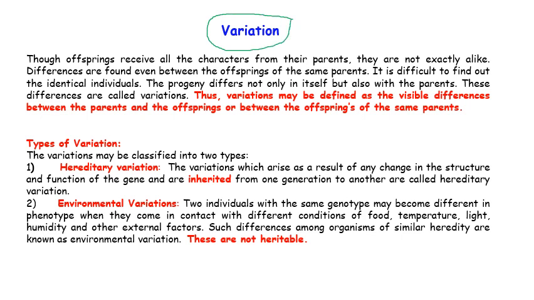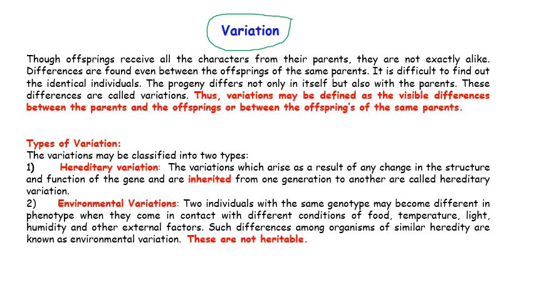In the previous slide we observed that the parents and their offsprings share some similarities. There are similarities also between the offsprings of the same parents. However, you will never be able to find two offsprings that are identical, unless they are identical twins.